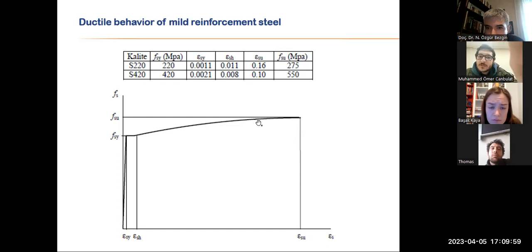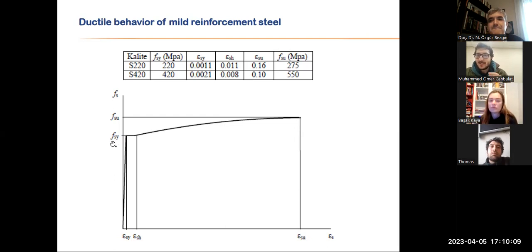Why do I need it? We have the yield strength of elements, but we have many elements in a structure. If an element reaches its yield strength, this means this element cannot carry more load, but it can continue to elongate, so the stress distributes to other elements.